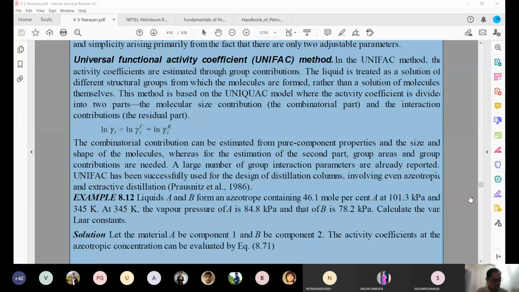देवेंद्र, क्या आंसर है तुम्हारा? Sir, gamma 1 is 1.1133. Devendra, can you hear me? Yes, sir. Devendra, can you repeat it?